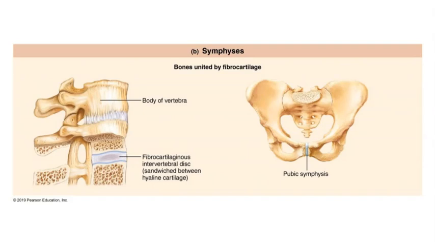Another symphysis is located between the two pubic bones, and we see this example on the right side of this diagram. This is a structure called the pubic symphysis that exists between the two pubic bones at the anterior aspect of the pelvic girdle. Here, the fibrocartilage joint allows for very limited movement at the front of the hip bones, and the function of this joint is primarily to provide stability for these bones, and it helps keep the front of the two hip bones aligned.